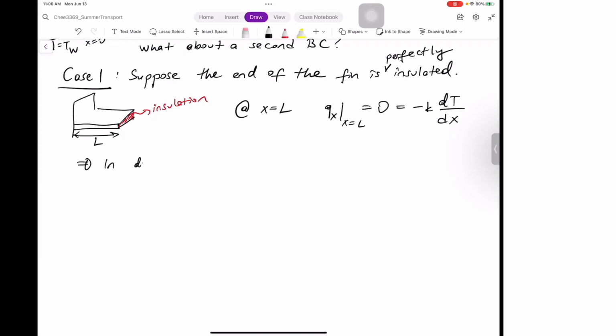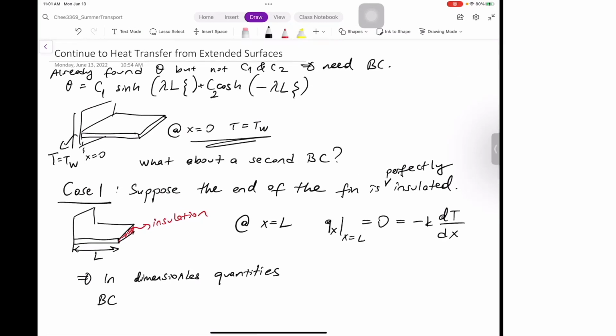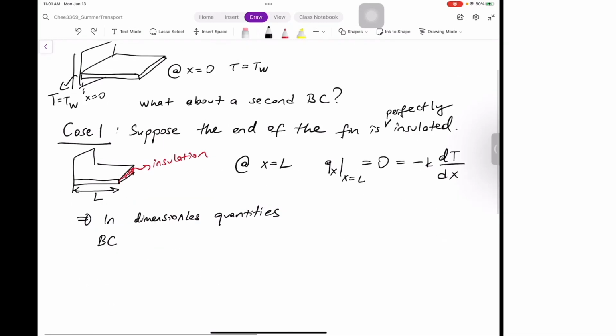In dimensionless quantities, the first boundary condition that I actually wrote down here at x is equal to 0 means psi is equal to 0. T is equal to T wall means theta is equal to, we know that T wall minus T fluid over T wall minus T fluid, right?